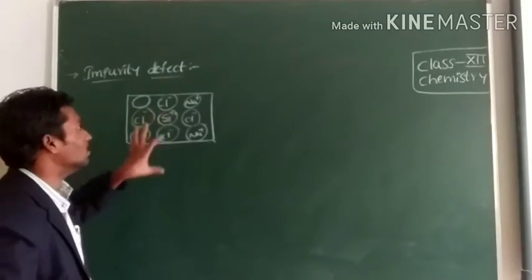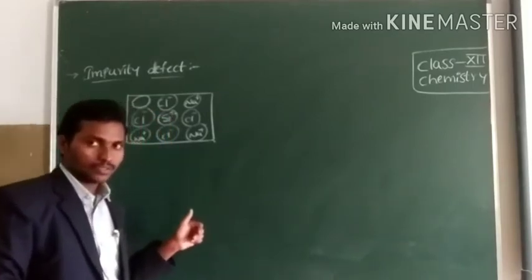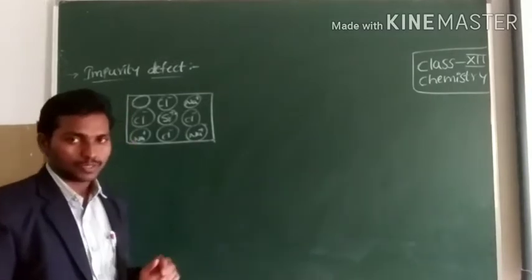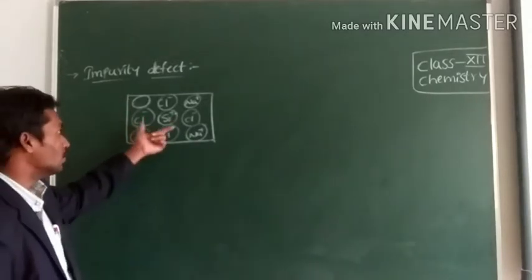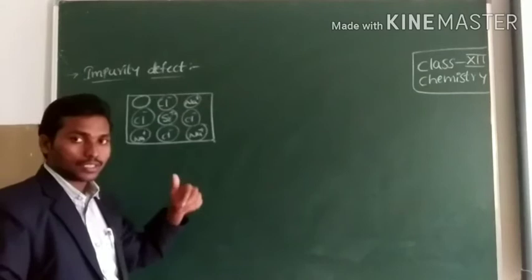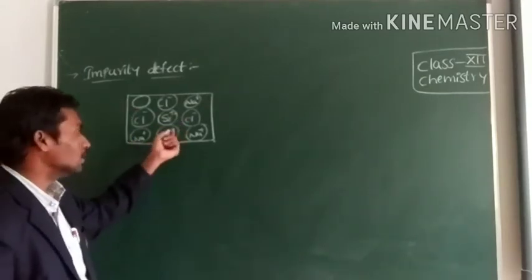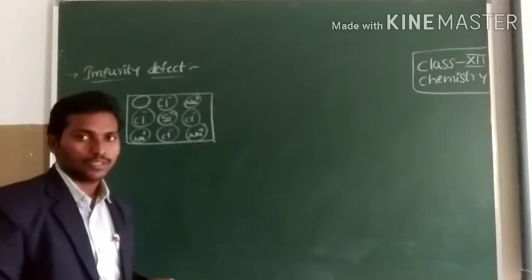I am repeating, children. Impurity defect is caused when unwanted substances are present in the given substance. Suppose during crystallization of molten sodium chloride, it contains a little amount of strontium chloride.